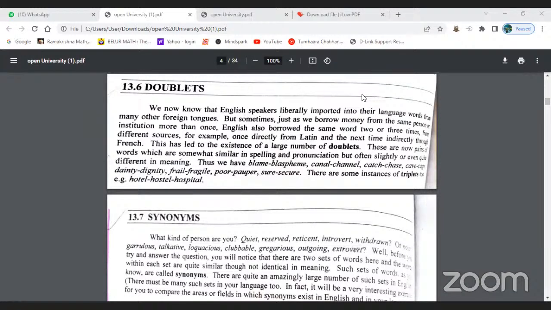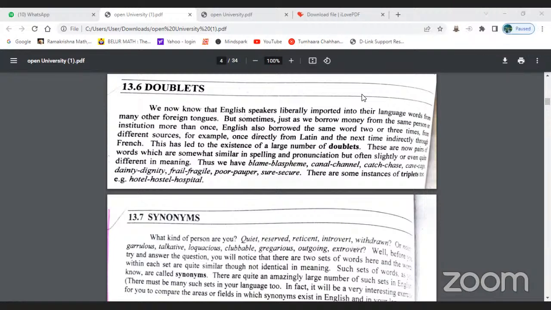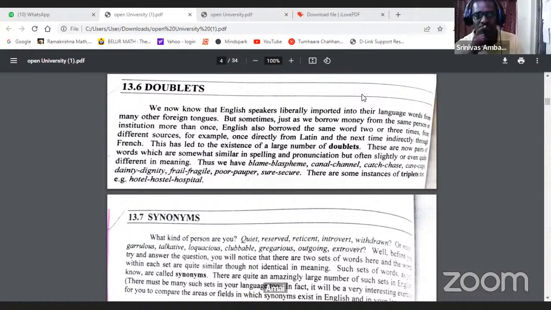Canal, channel. What is the meaning of doublet? Borrowing the same word pair from other languages, different languages. Borrowing the words. So this is the combination.